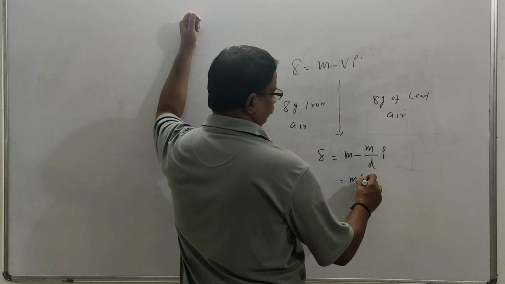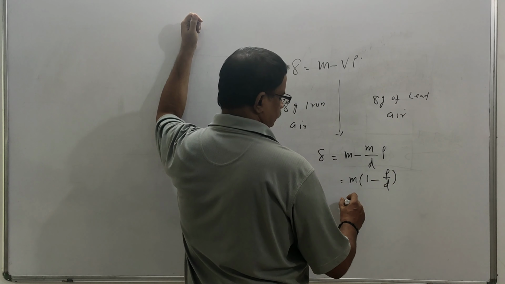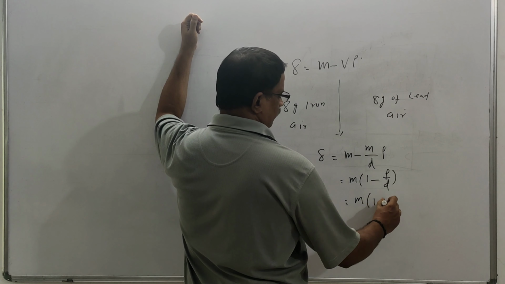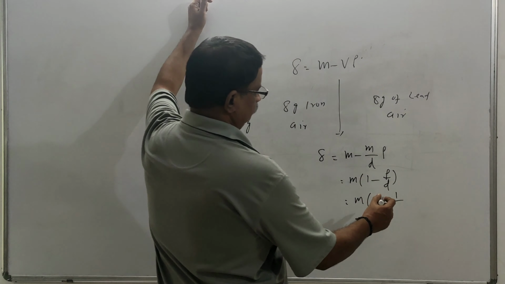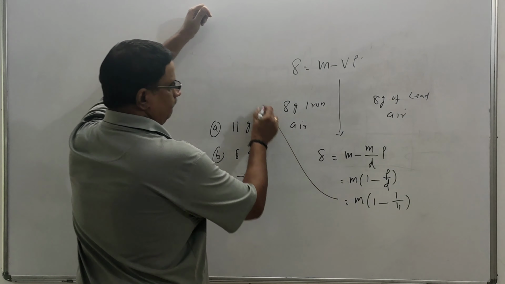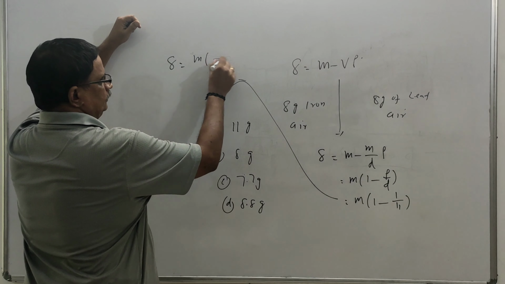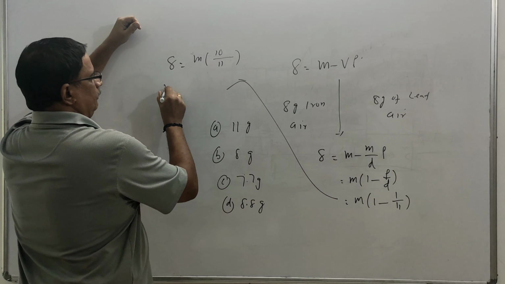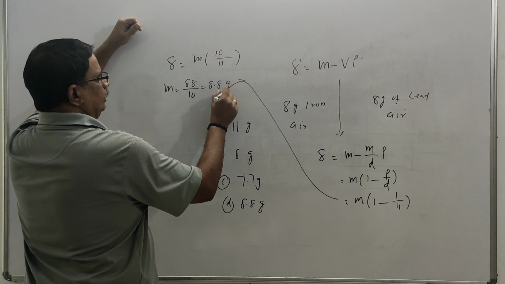M into 1 minus rho by d. So this is equal to m into 1 minus rho, water 1 in CGS. So this will be 8 equal to m into 11, taking the LCM, 10. So m is equal to 88 by 10, which is equal to 8.8 gram.